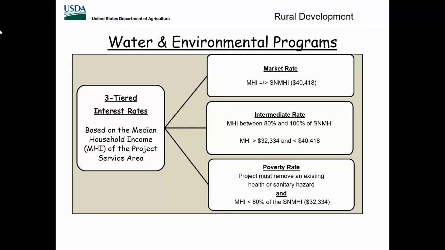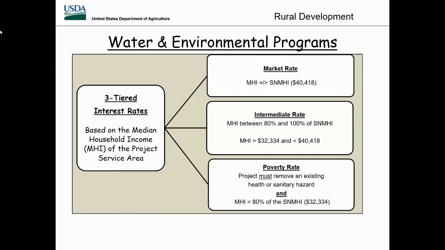If it's between 80 to 100% of the state MHI, then you would qualify for the intermediate rate. And if it's below 80% of the MHI, you could qualify for a poverty interest rate if the project that we're financing will remove a health or a safety hazard.